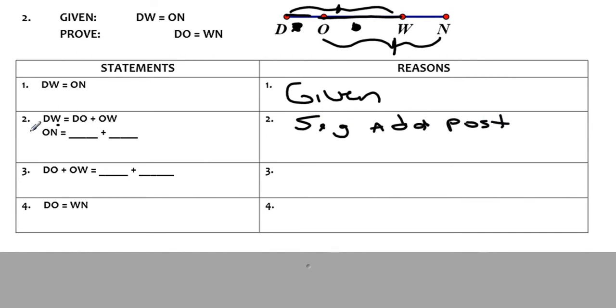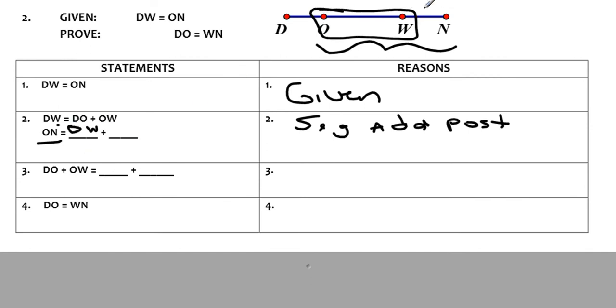Okay, and then it says ON, well, it's in the same box as the segment addition postulate. So what we're going to have to do is finish up the segment addition postulate as it applies to ON. ON, the whole length of ON, is made up of OW plus WN. Okay?